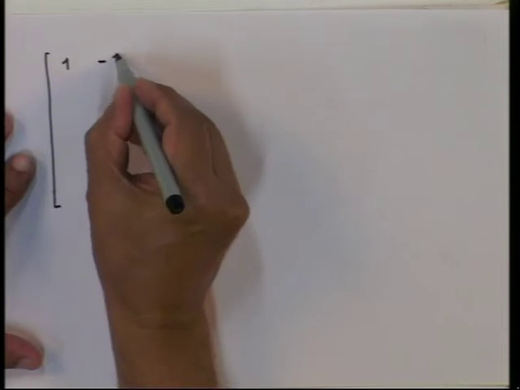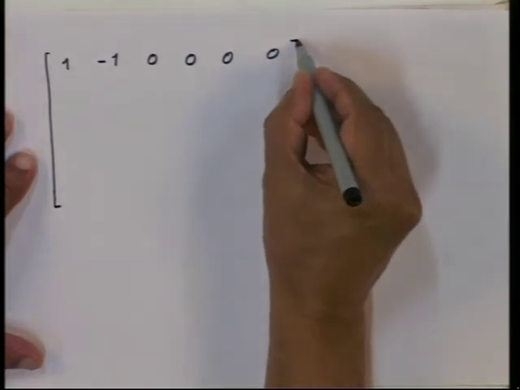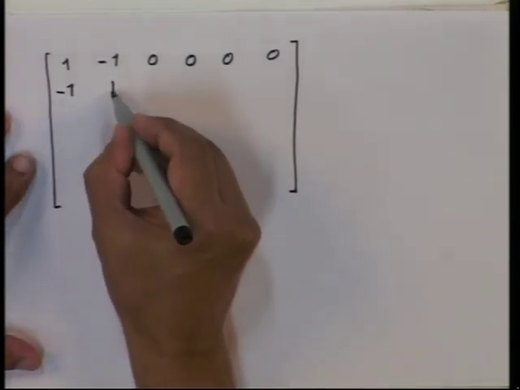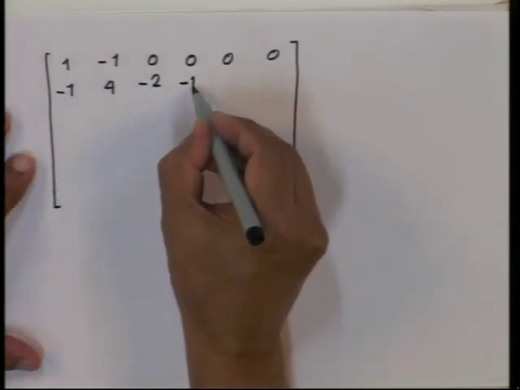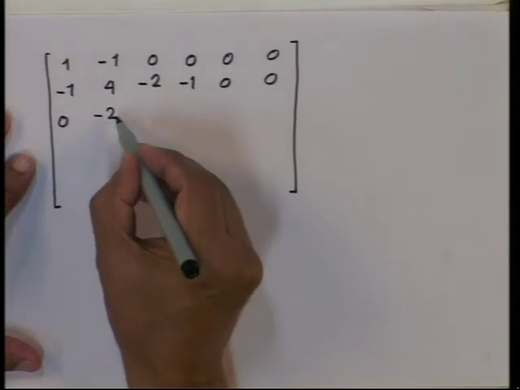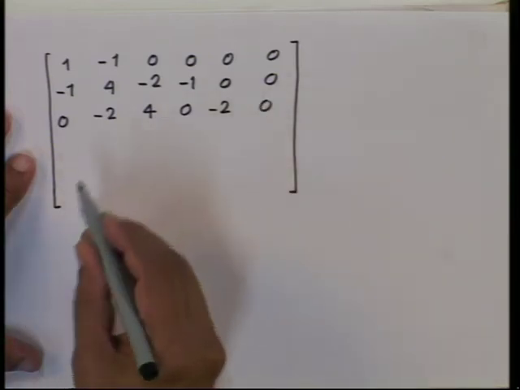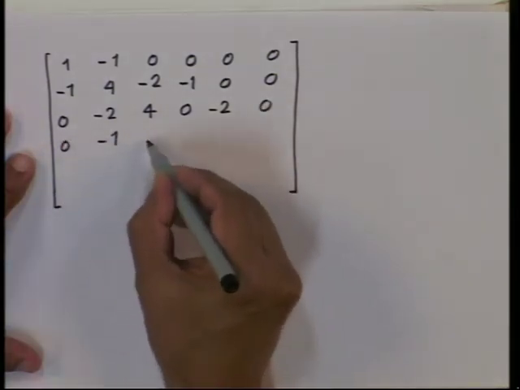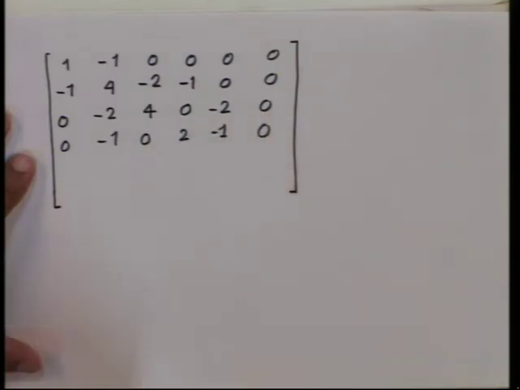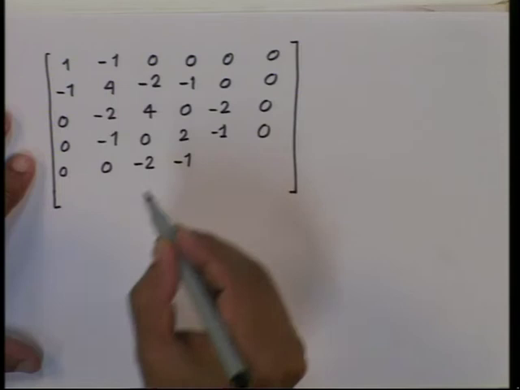1 minus 1 0 0 0 0, minus 1 4 minus 2 minus 1 0 0. I have done this. So, minus 2 4 0 minus 2 0, 0 minus 1 0 2 minus 1 0 0 0 minus 2 minus 1.